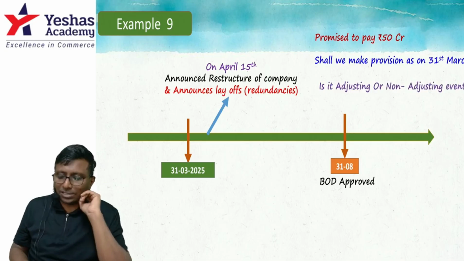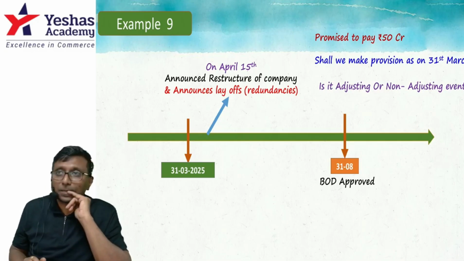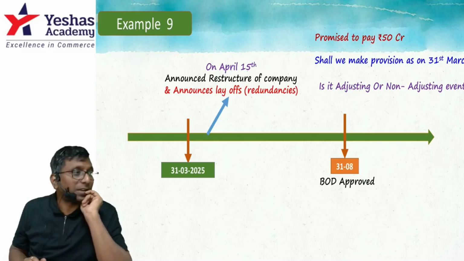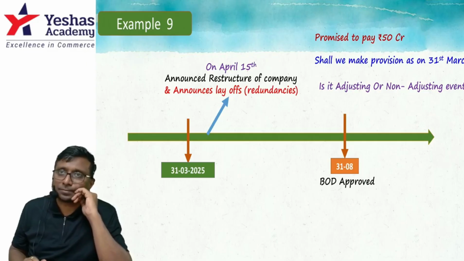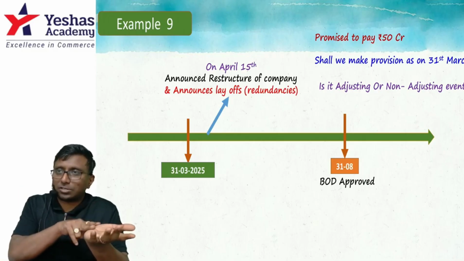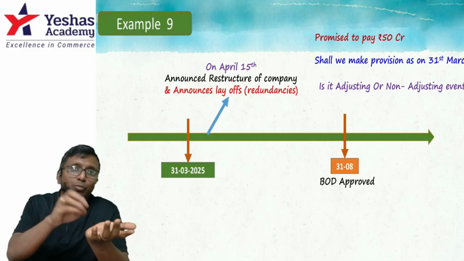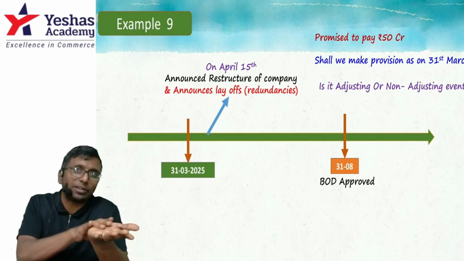Shall we make a provision as on 31st March? Is it adjusting or non-adjusting? Non-adjusting. Why? We were not liable to employees as on 31st March. It binds me from which date? April 15. You promised the employees on which date? April 15.